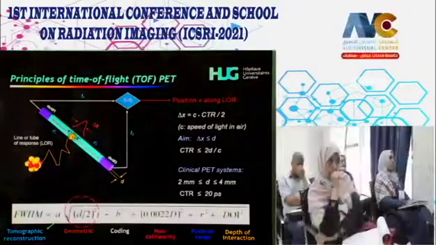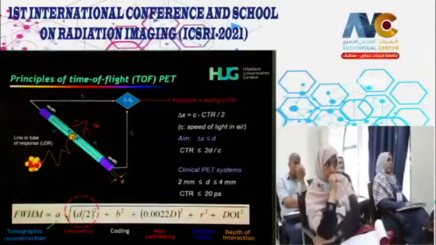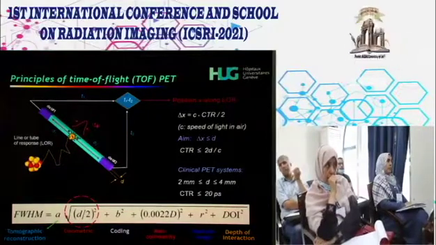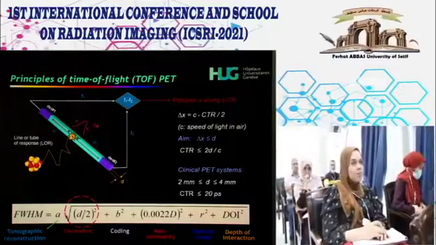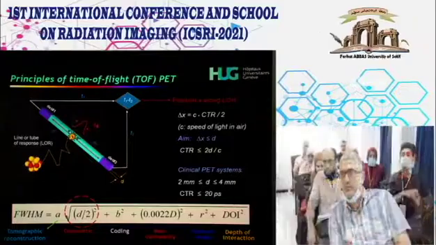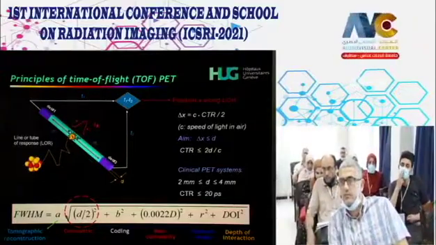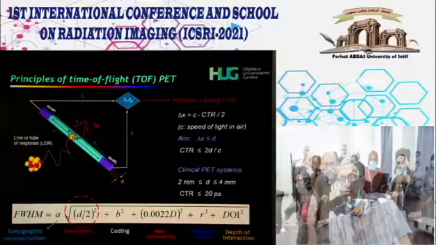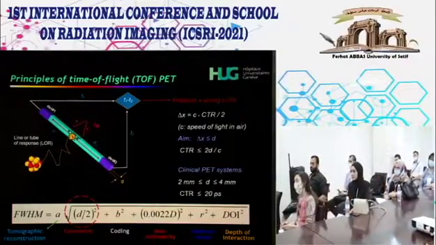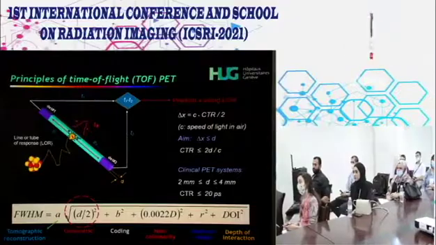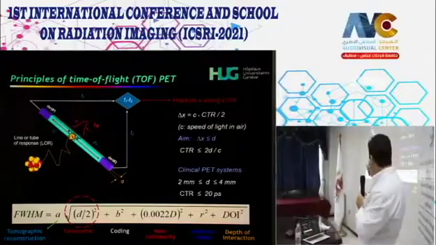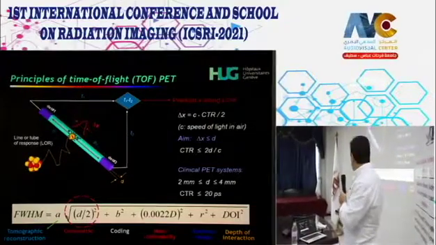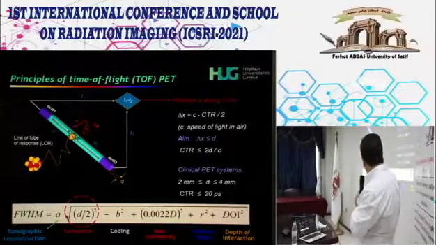There is a concept called time of flight. People who know MRI know there's also time of flight in MRI. In the context of positron emission tomography, the idea of time of flight is different, in the sense that we take advantage of the fact that the two annihilation photons, which are emitted in opposite directions, travel with the speed of light, which means 300,000 kilometers per second.